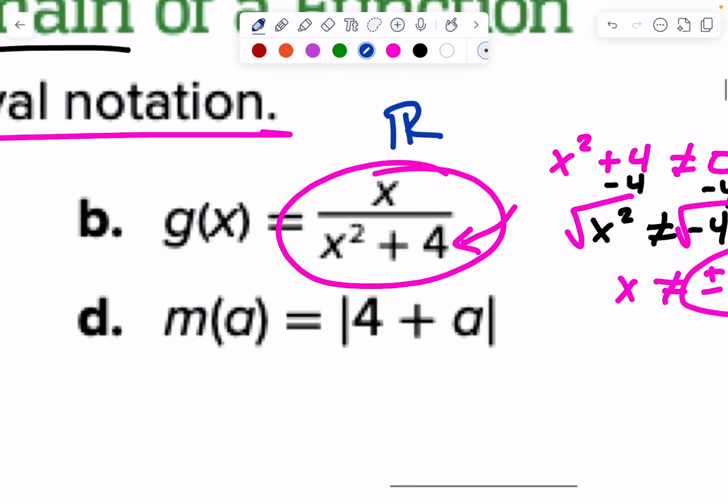That's kind of a weird thing, because it's not a difference of squares. It's actually a sum of squares, which is not a thing when you're breaking it down. It will never end up coming out to be 0. There's no way that x squared plus 4 can be 0, no matter what you plug in for x.